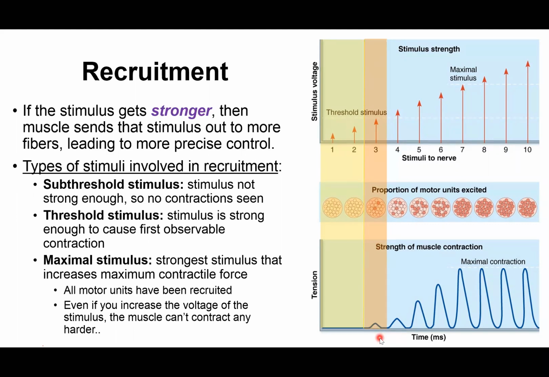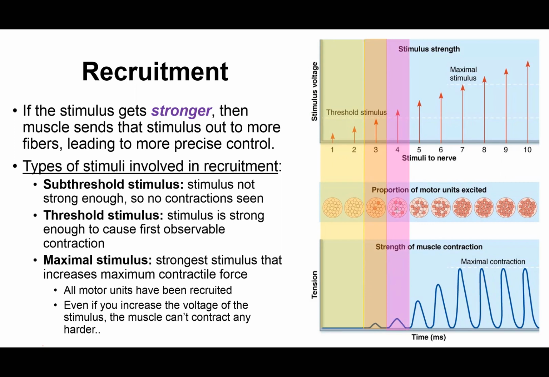Now, as the strength of the stimulus increases, so as the voltage increases, more and more fibers are going to be stimulated. So we have an even stronger stimulus over here at number 4.